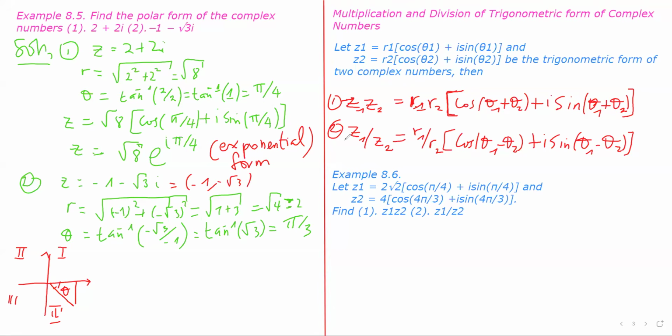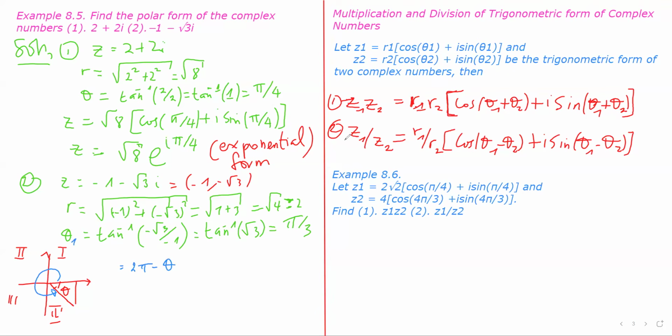So to find the angle from here to here, we'll have to consider the fact that we have 2 pi minus this.